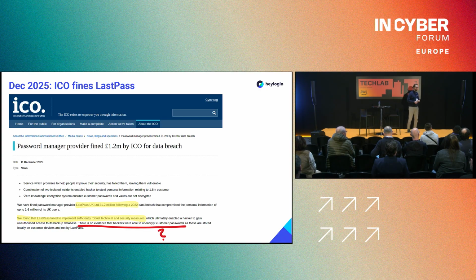What's interesting in that message is the ICO said there is no evidence that hackers were able to decrypt customer passwords, and it's not clear that that's really the case, right?